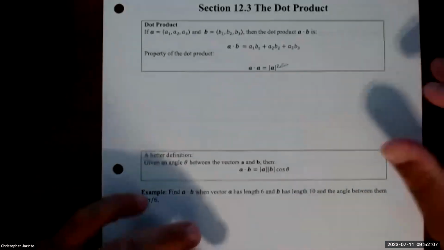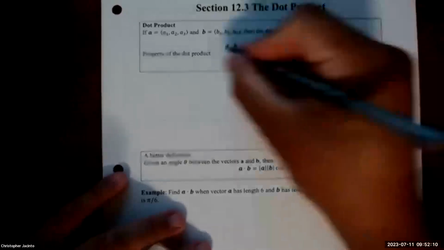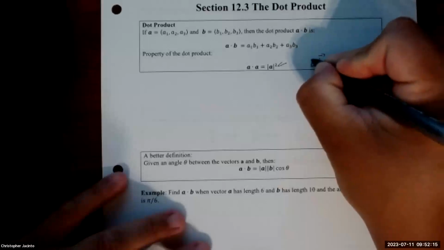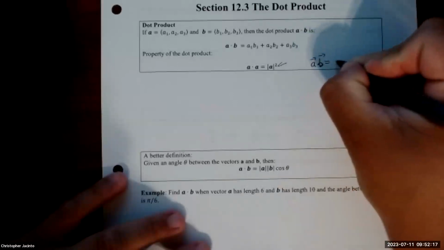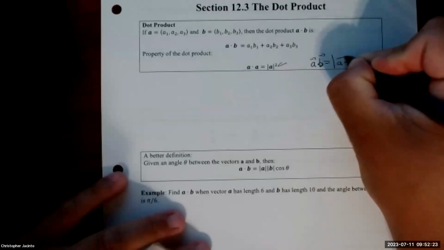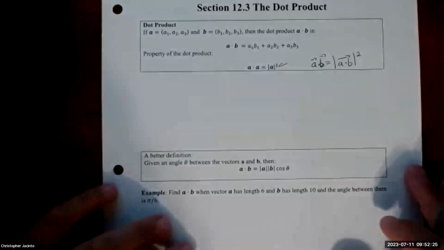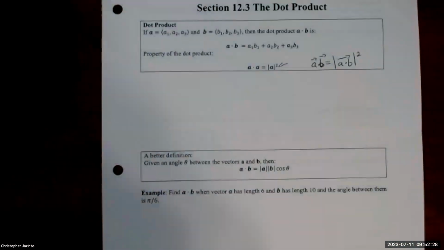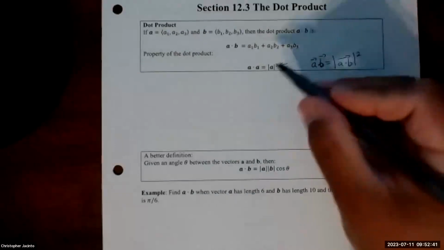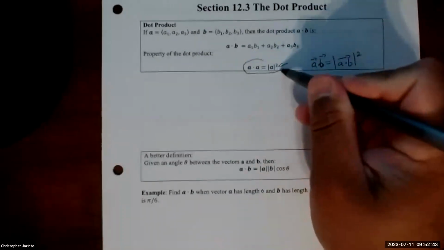So let's say, for example, the dot product of vector a with itself is the same as the length squared, which is also very interesting. So just keep that in mind. Once we go into proofs, this gets to be a really big thing.